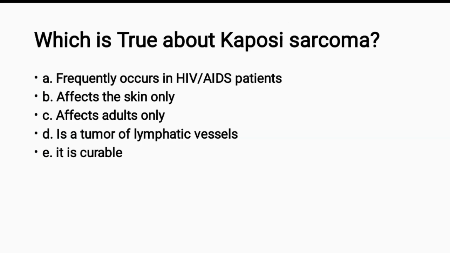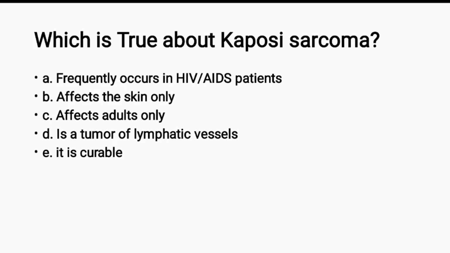Which is true about Kaposi sarcoma? A, frequently occurs in HIV/AIDS patients. B, affects the skin only. C, affects adults only. D, is a tumor of lymphatic vessels.